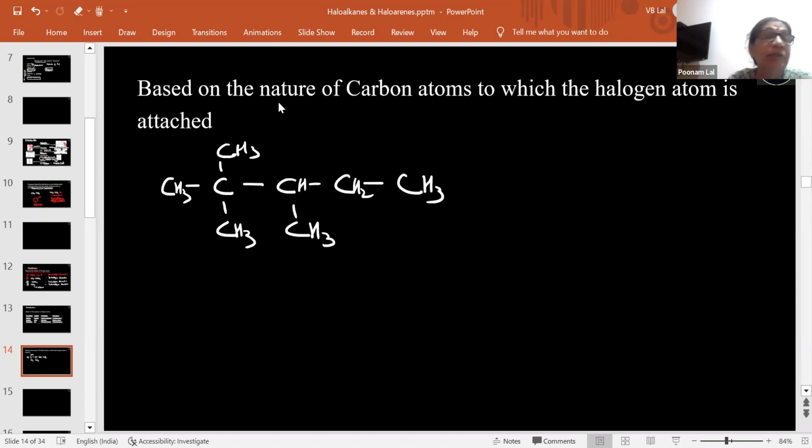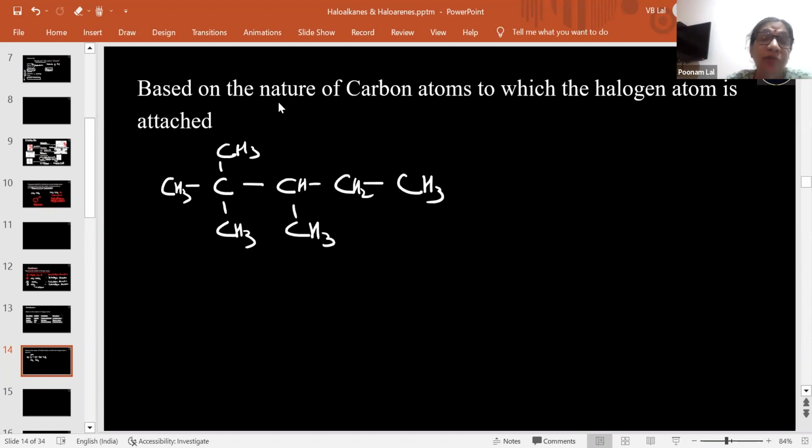I have deliberately chosen this hydrocarbon. It is 1, 2, 3, 4, 5. I hope you remember the nomenclature. So it is 2,2,3-trimethylpentane. Now I want you to identify each carbon atom.